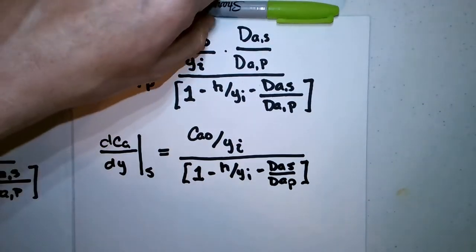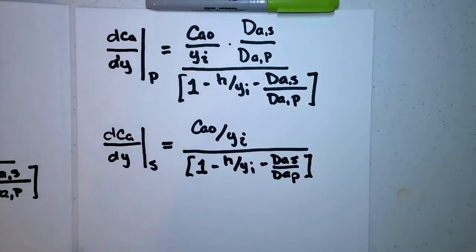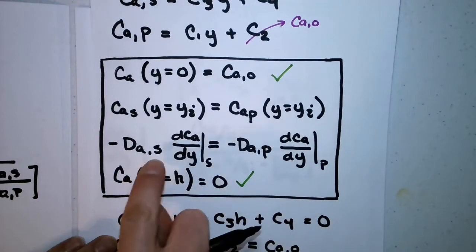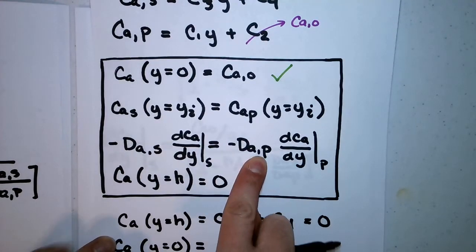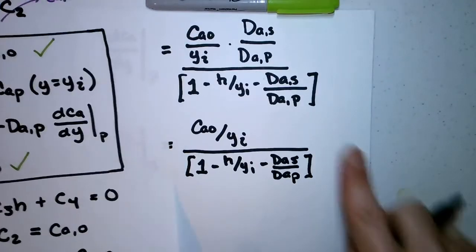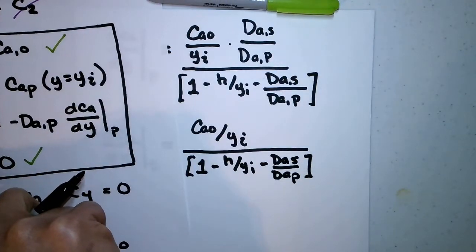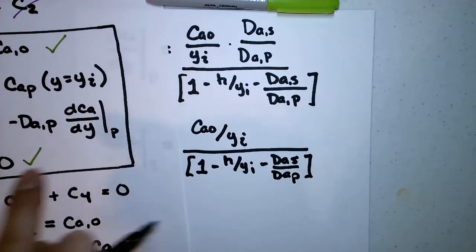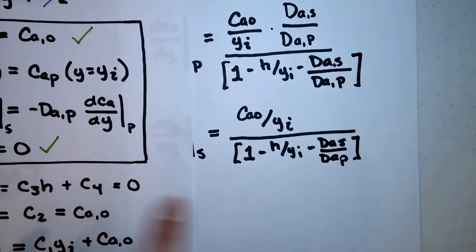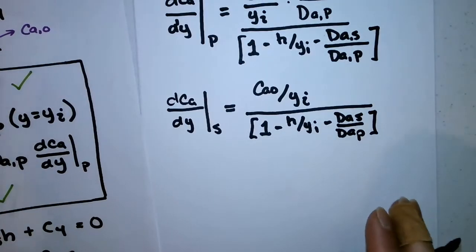All right, and the boundary condition we were trying to satisfy says this. It says we have this ratio of diffusion coefficients. Actually, it's here, so let's rewrite this as DAS over DAP. We can let the negatives cancel.